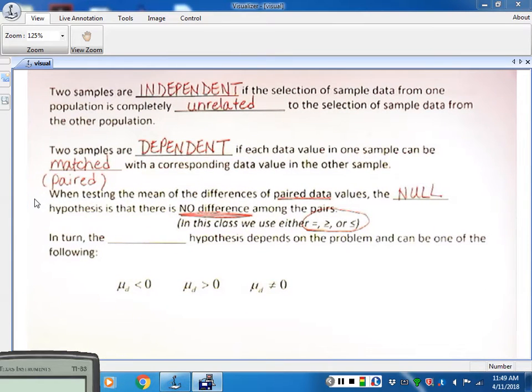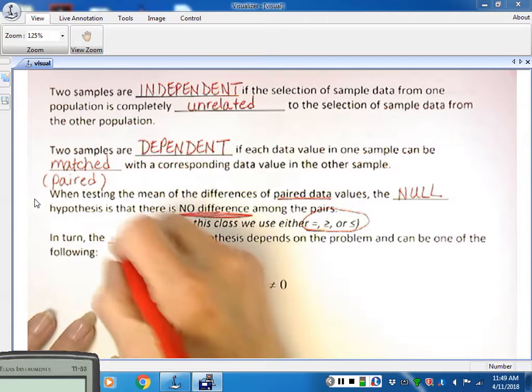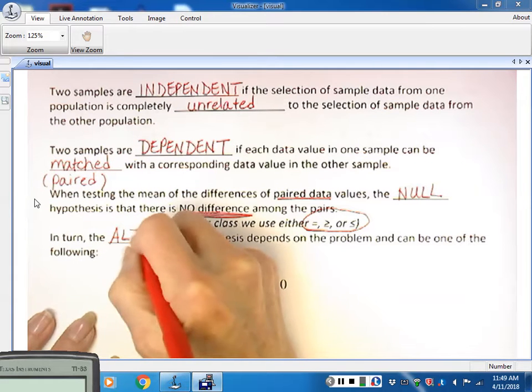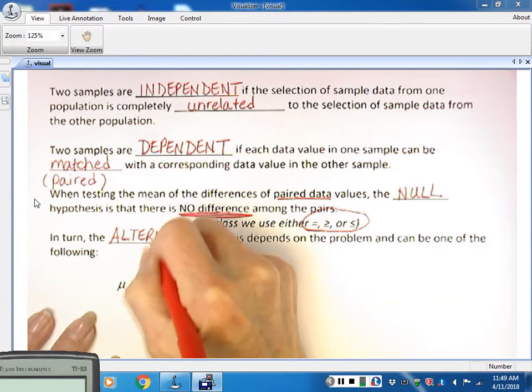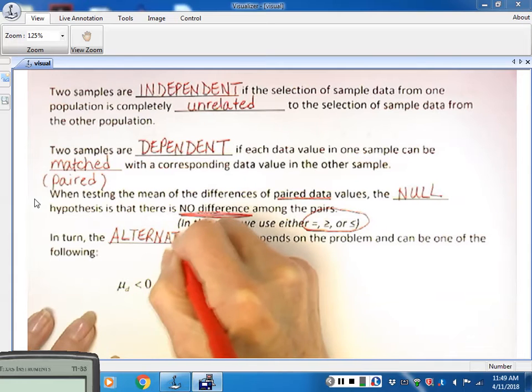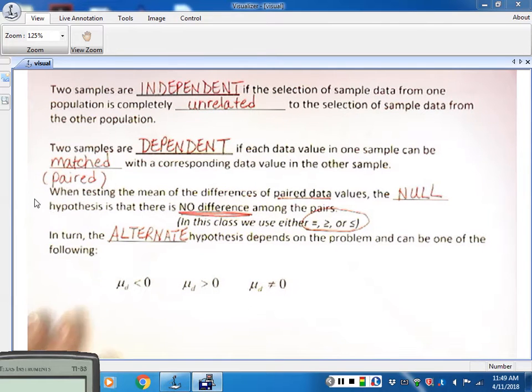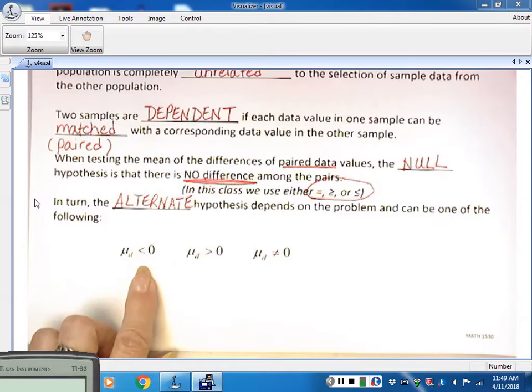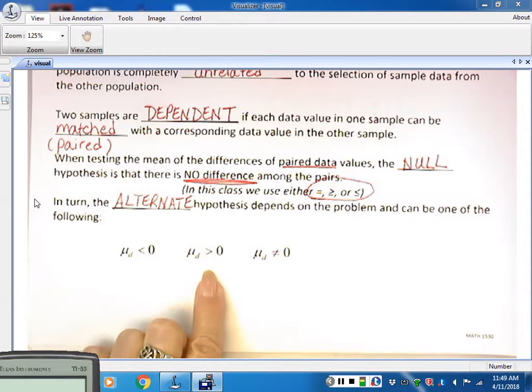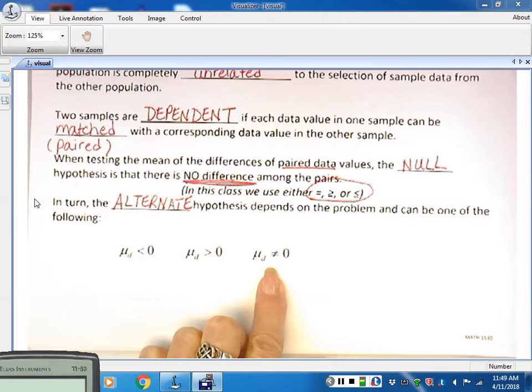In turn, the alternate hypothesis, or alternative, if you use the language alternative, but either one works, depends on the problem, and it can be either the mean of the differences is less than 0, the mean of the differences is greater than 0, or the mean of the differences is not equal to 0.